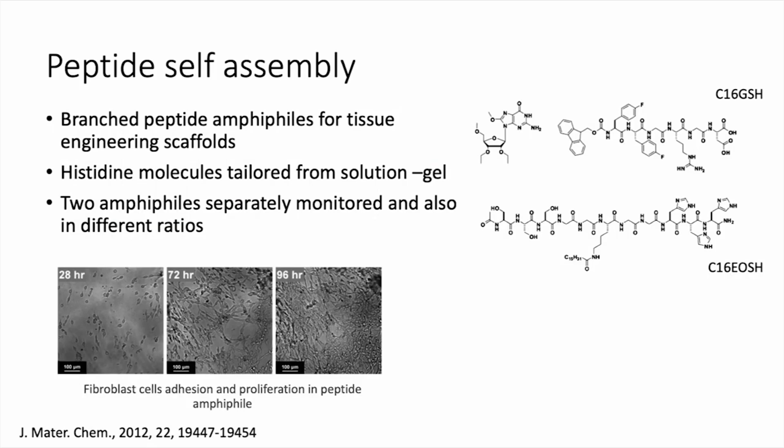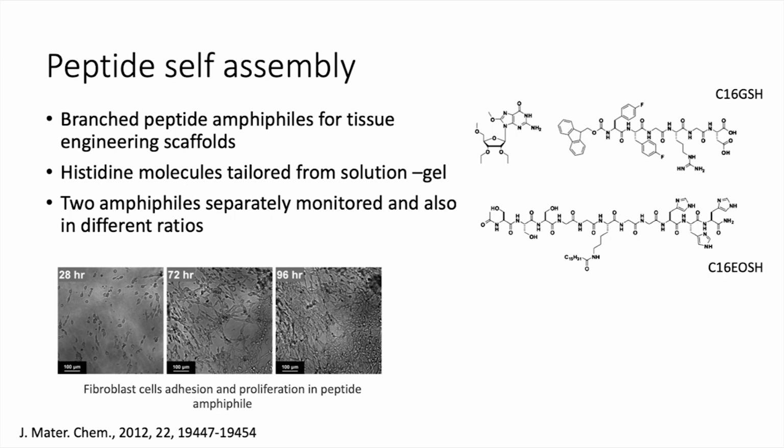2 different peptide amphiphiles have been taken, and then they have studied the initial characterizations for both the branched amphiphiles, and then they have tailored it with histidine, and these 2 different molecules have been studied separately and also in different ratios to see whether mixing the peptide amphiphiles has an effect in the tissue culture.